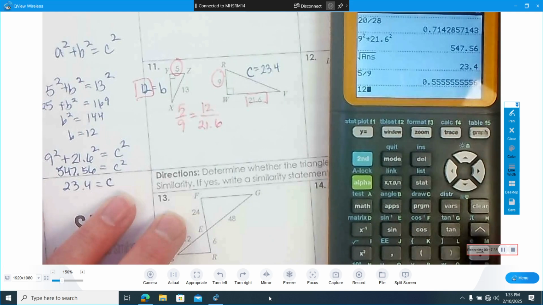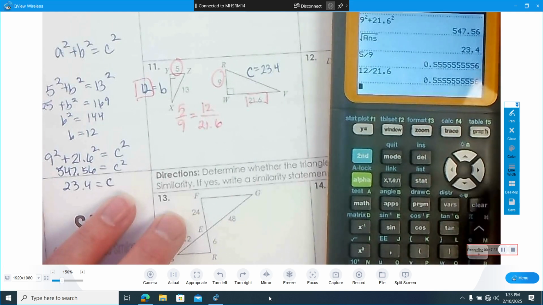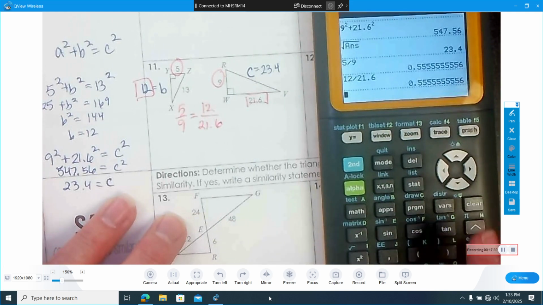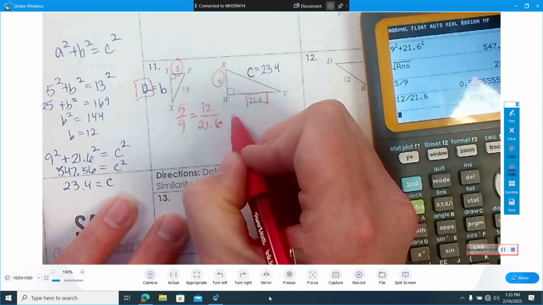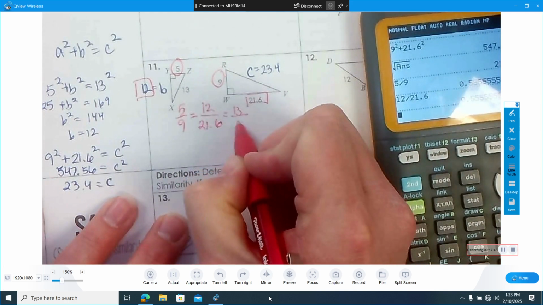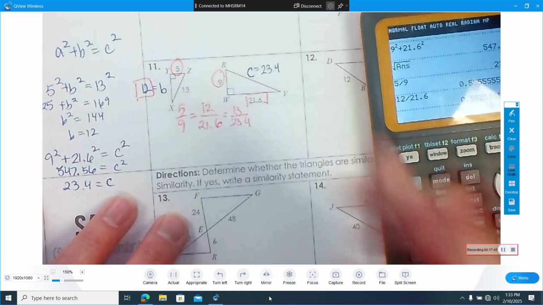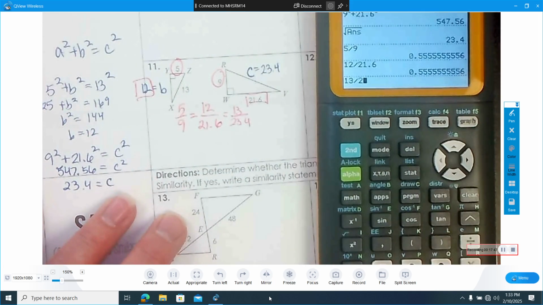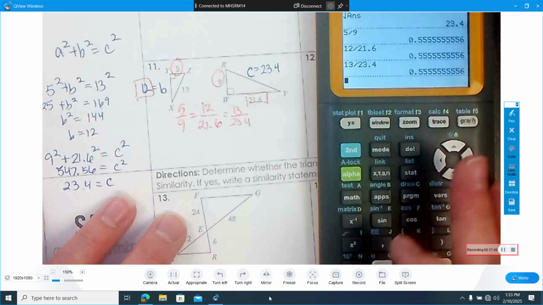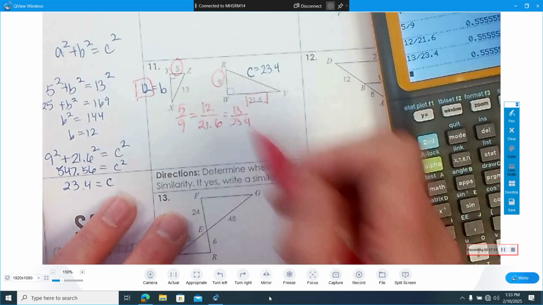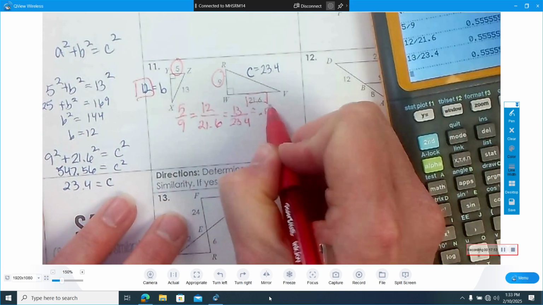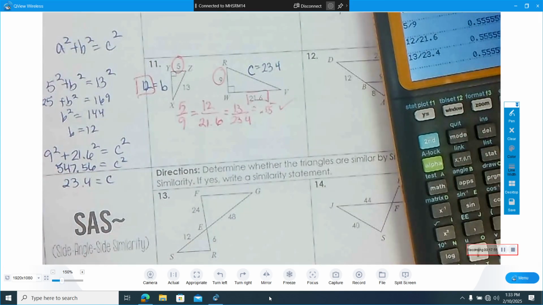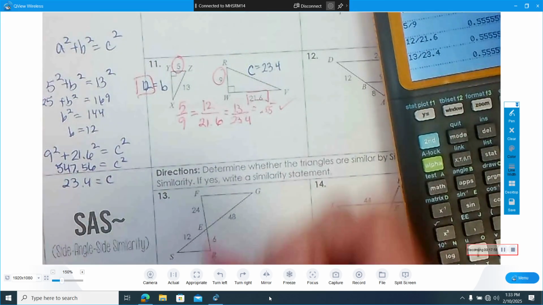Hey, 2 for 2. What's the last one? 13 over 23.4. Let's see if that works. Yes, it does. There, 0.55 repeating. They all have that same ratio.